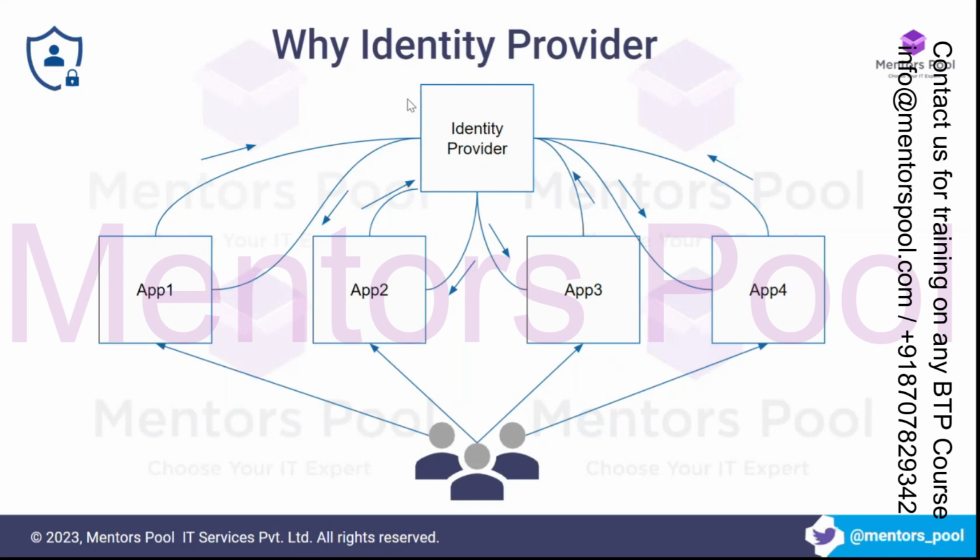Now some idea came into someone's mind and they said, hey, let's do one thing. Let's have one another system. I will ask all the users to create their account here, and they will all get added here. And I will create a trust between this system and all the available applications.